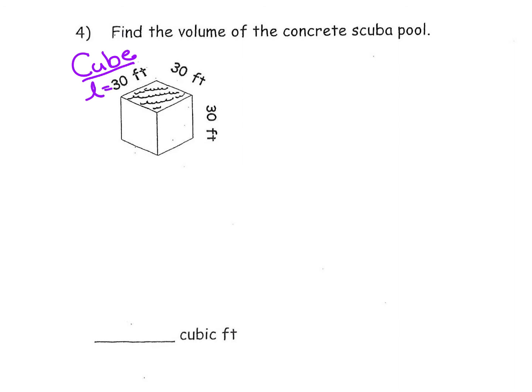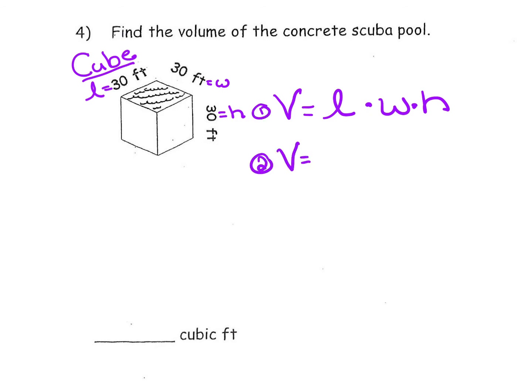The length is 30, the width is 30, and the height is 30. So we'll be using the formula for the rectangular prism, length times width times height, step 1. Step 2, volume equals 30 times 30 times 30.